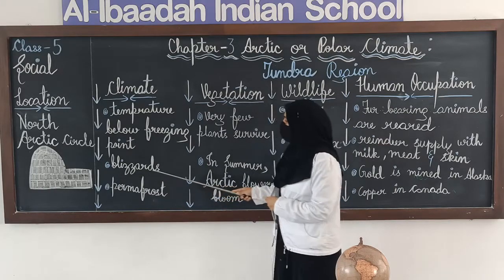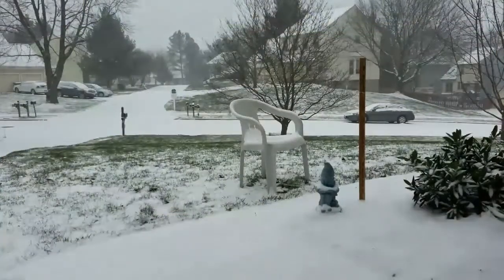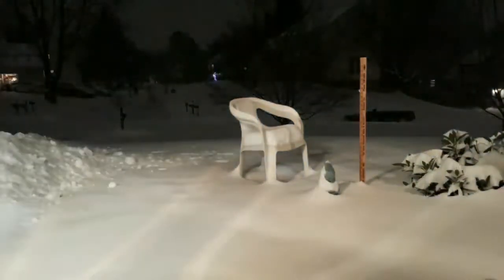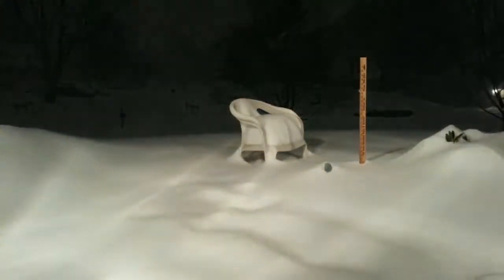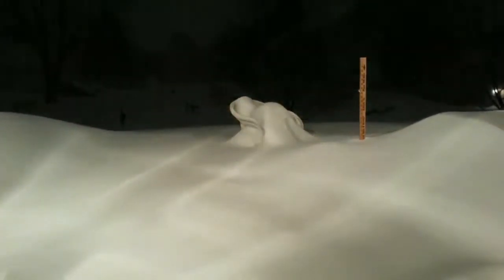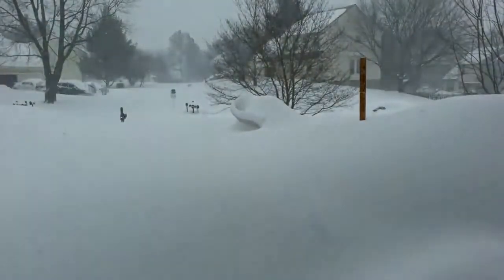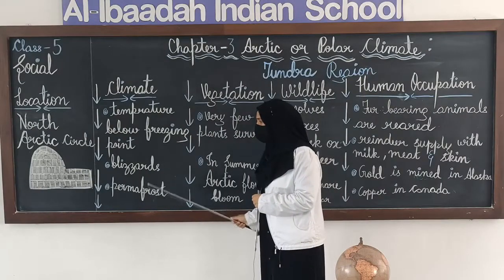Then we have blizzards. What are blizzards? Blizzards are very strong winds which blow there. They are so strong that they can travel 200 kilometers per hour. In 1 hour it can travel 200 kilometers. It's such a strong wind. It's called blizzards. Then we have permafrost.